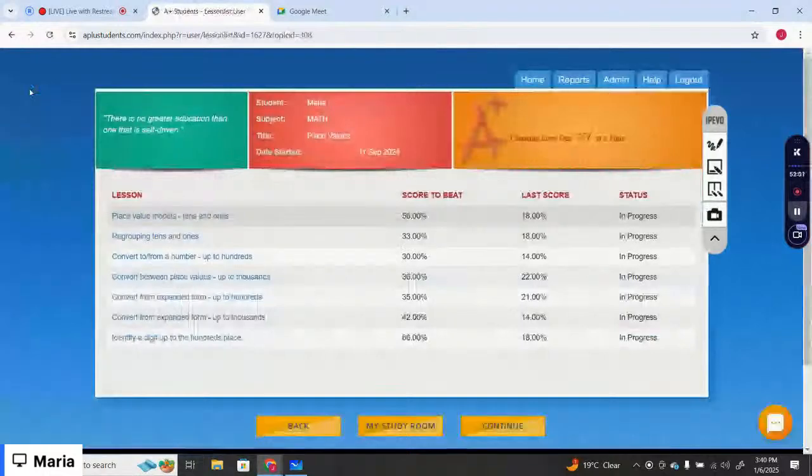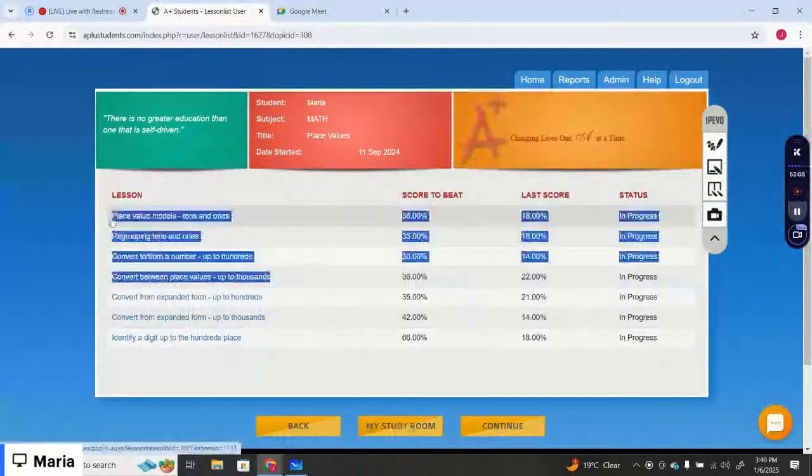So we were working on grade 2 math. The chapter we were working on is place values. The lessons we have covered today are place value models, tens and ones, regrouping tens and ones, convert to a number up to hundreds, convert between place values up to 1,000s.